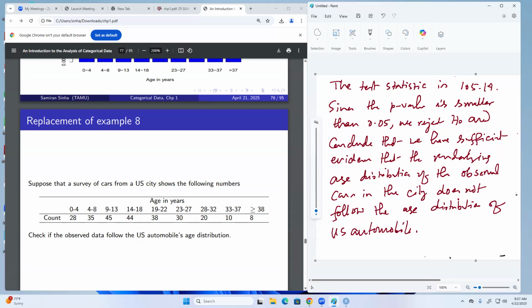That is possible because the US automobile age distribution is a combination of information from all corners of the country. But for a particular city, the age distribution of the cars could be quite different, and that is possible. Some cities are very poor, some cities are very affluent. Therefore, that distribution may not follow the overall age distribution of US automobiles.